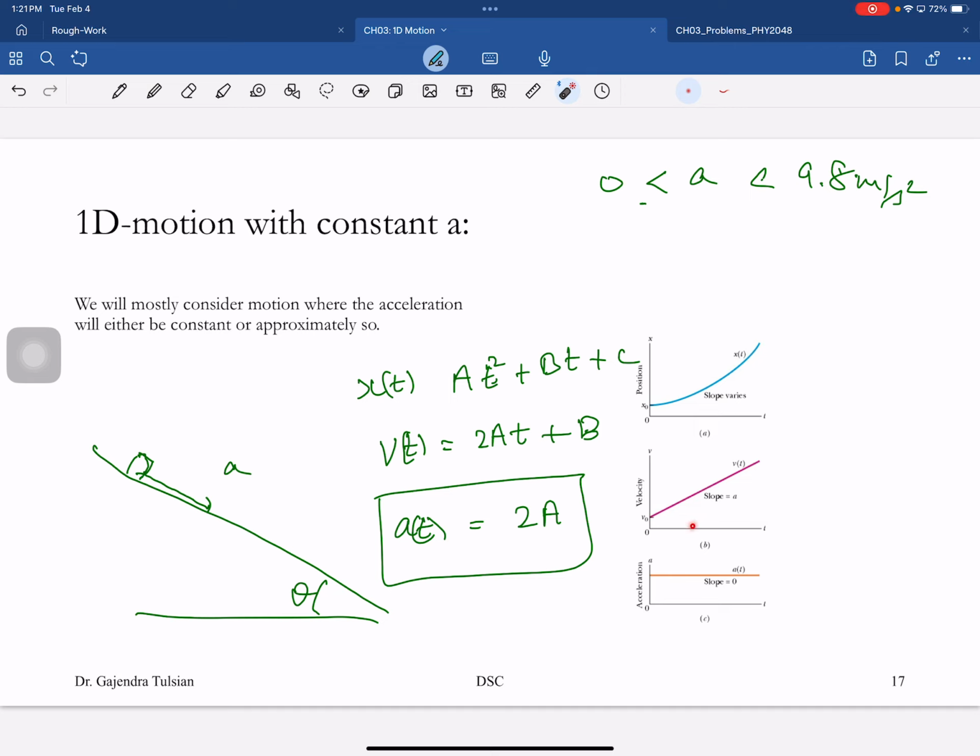So in the lab we will show you this. For constant accelerated motion, we'll plot the position versus time of an object, and you'll see it's a parabola.